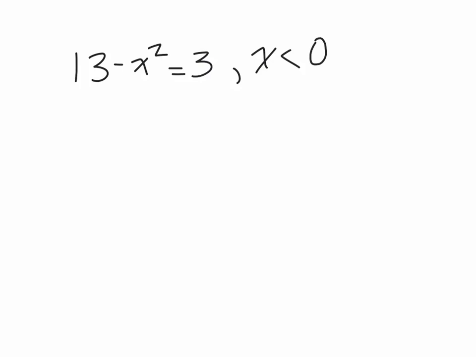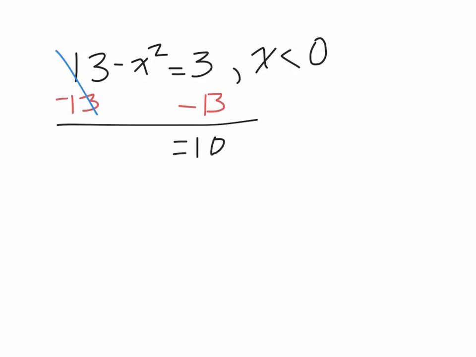Okay, so there's our whole starting point. So the first thing I'm going to do is get started by subtracting 13 from this side and subtracting 13 from this side. 13 minus 13 is 0, and 3 minus 13 gets me to, sorry, negative 10.